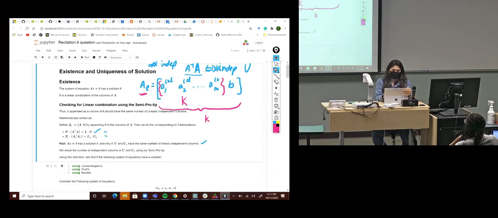But if I find that that was not the case and there were K plus 1 linearly independent columns in AE than in A, then B is not a linear combination of the columns of A. Is that clear?